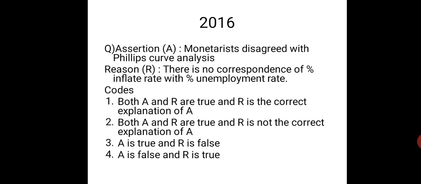Yes, he said that he is disagreeing with the short-run Phillips curve because he found that in the long run there is no trade-off between inflation rate and unemployment. So the assertion is correct, and the reason for this assertion is also true. So the code has to be both A and R are true, and R is the correct explanation for A.